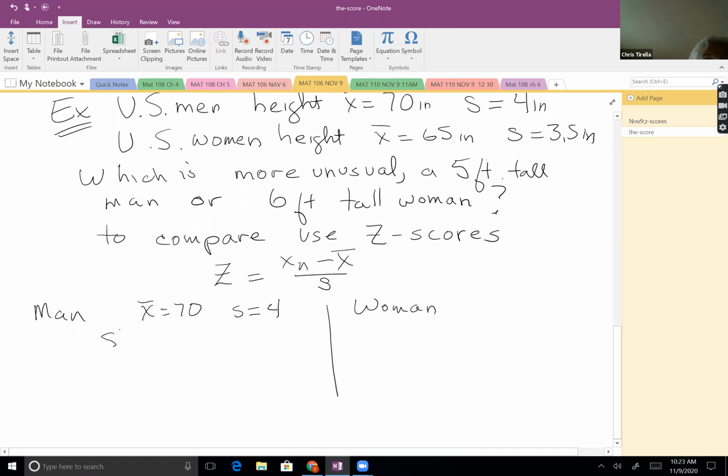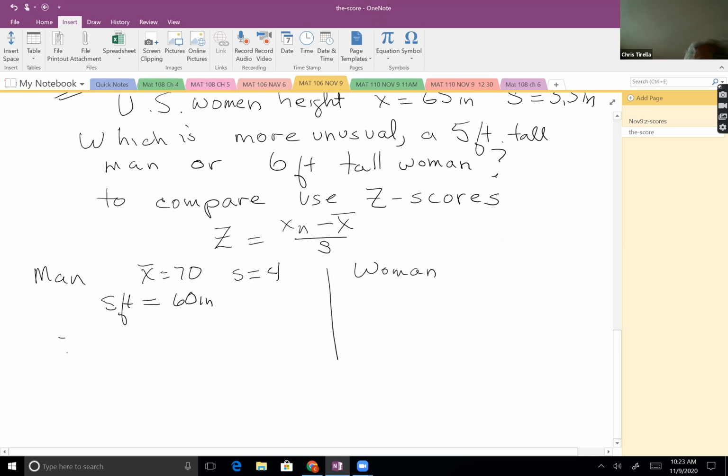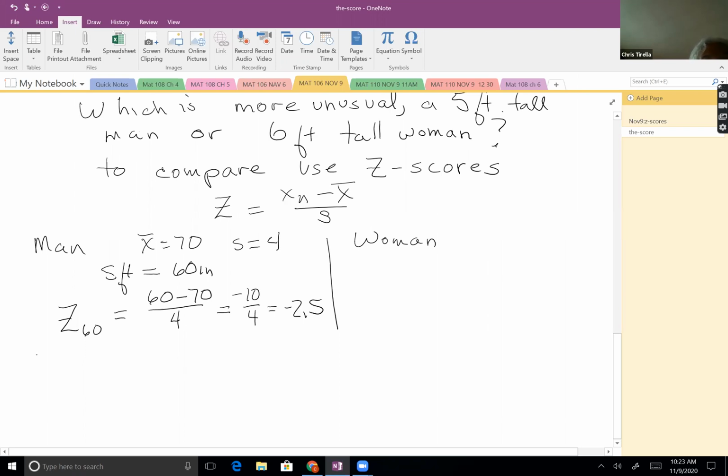And what we have to remember is that 5 feet is 60 inches. And so the z-score for that 60 inches would be 60 minus 70 divided by 4, which would be negative 10 over 4 or negative 2.5. And so we say that the guy is 2.5 standard deviations below the mean.